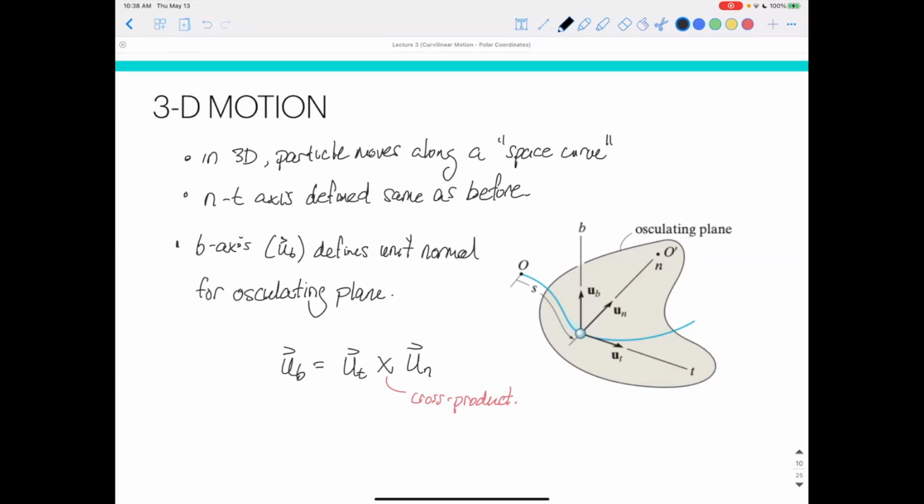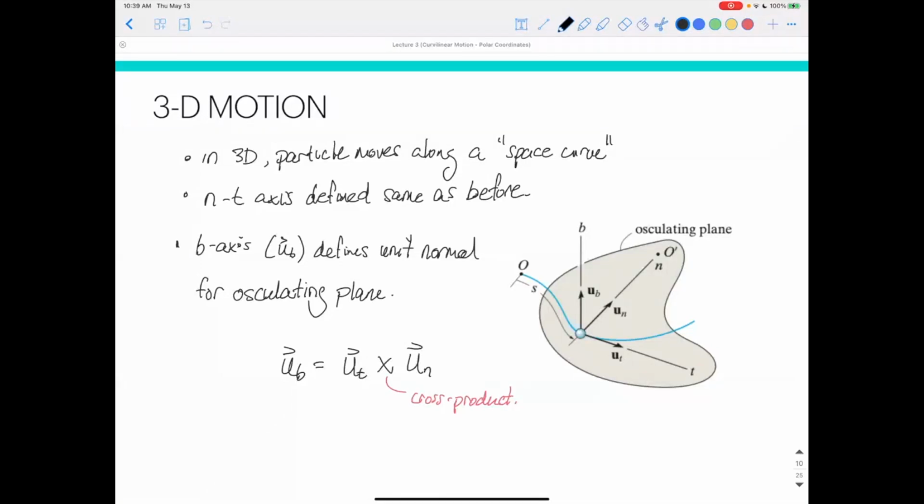And we might also know the tangential component to the path. Then we can calculate UN, or vice versa. If we know UB and UN, we can calculate UT, and then we have our 3 unit directions describing our motion. And we know that the motion in UB is always going to be 0. There's no velocity component outside of the oscillating plane.